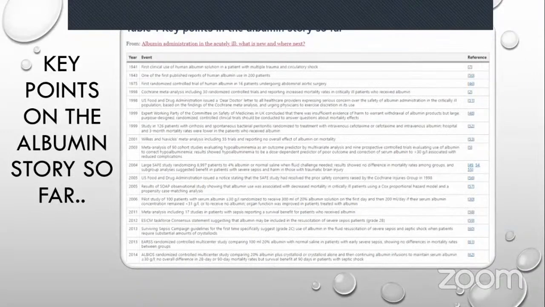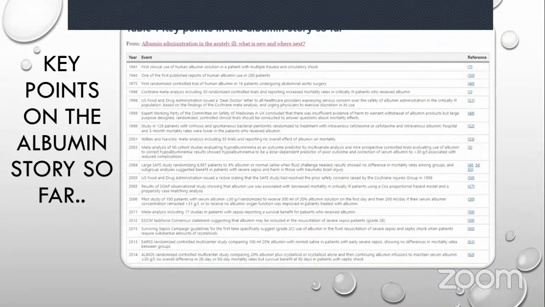The first meta-analysis was in 1998, the second in 2001. 1998, harmful. 2001, neutral. In 2003, another meta-analysis was done whereby they corrected hypoalbuminemia to a target of 30 grams per liter, and this was associated with a reduction in complications. So this was the first batch of earlier randomized controlled trials, until 2003.